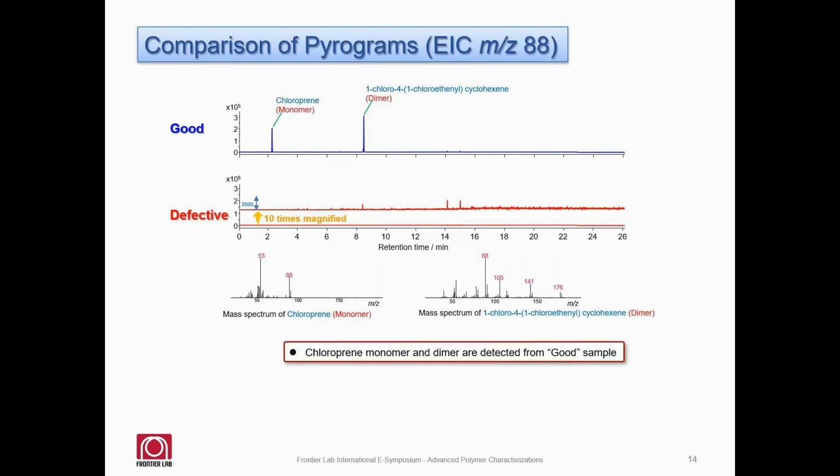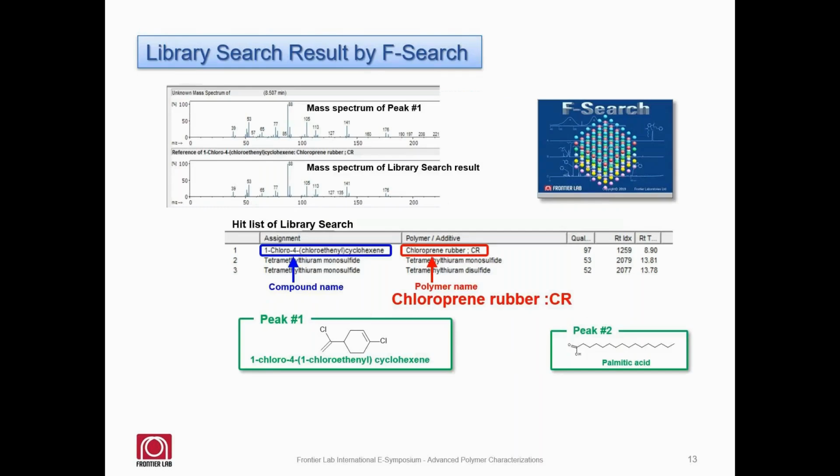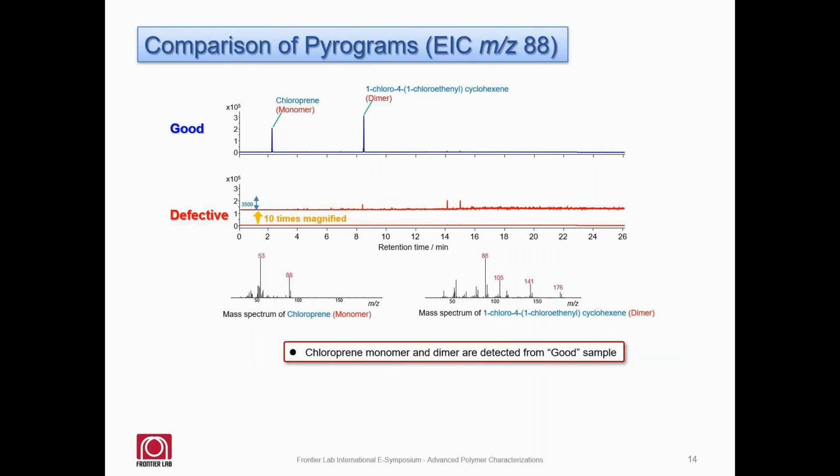In the previous slide I showed you the evidence that it is from the chloroprene rubber, with about 97% matching. But to make it more evident, we compared the m/z 88 of the chloroprene rubber with the good and defective samples, and we found that both monomer and dimer are detected in the good sample, whereas in the defective sample they are not present.